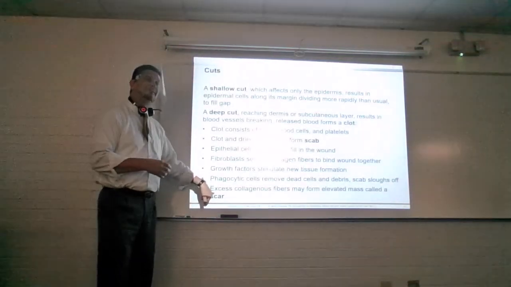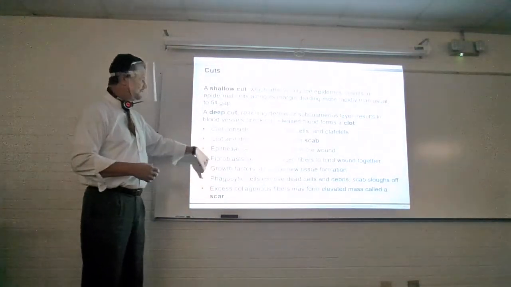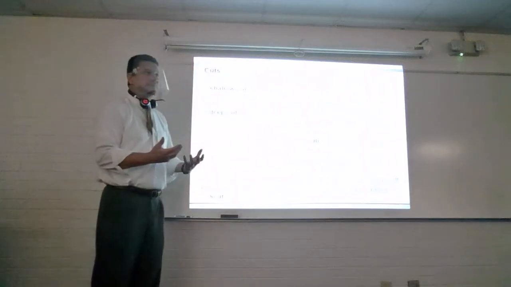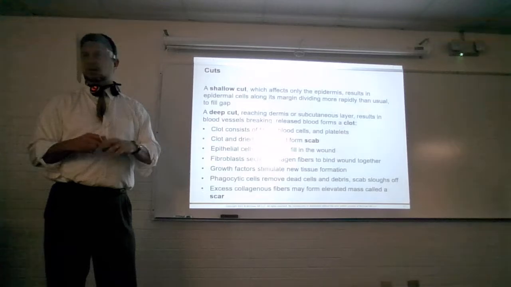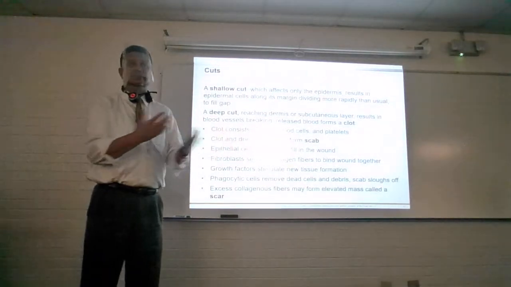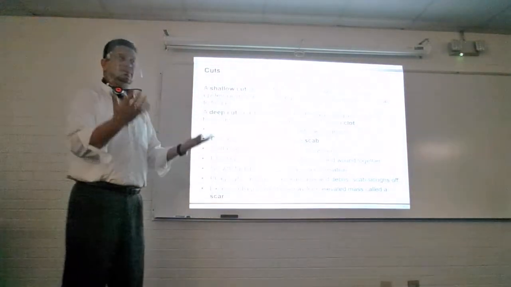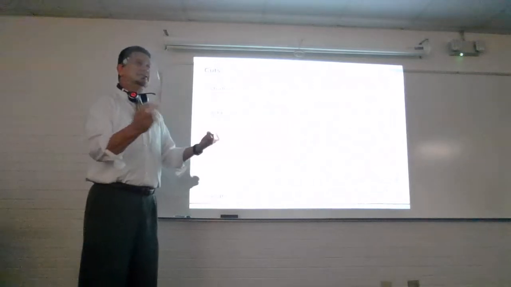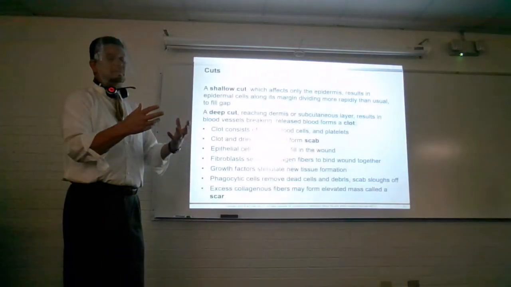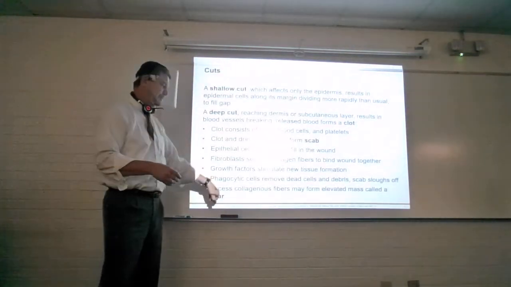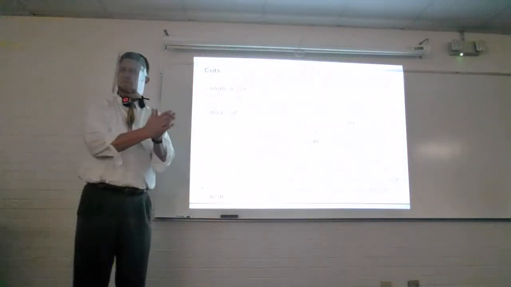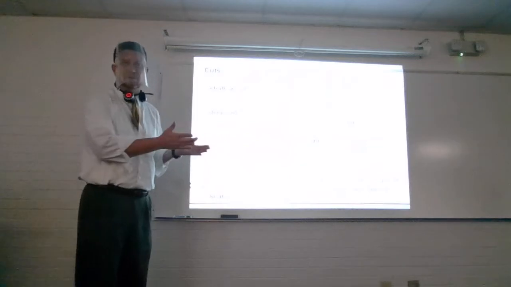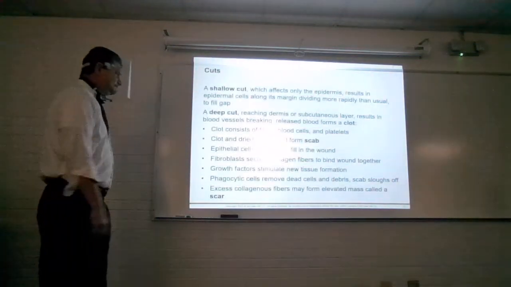Some people are just predisposed that when they heal, their fibroblasts produce mainly collagen and not elastic. Some people scar easier than others. If the injury is big, then all those cells are worried about is repairing it, and they just put collagen fibers in. That's why the worse the cut, the more chance of having a scar, right?